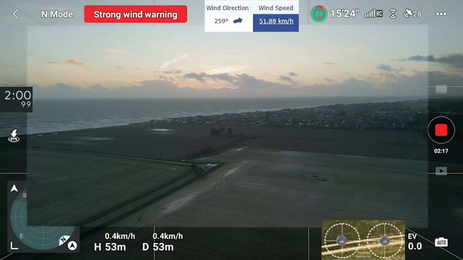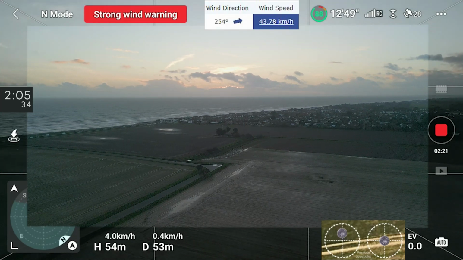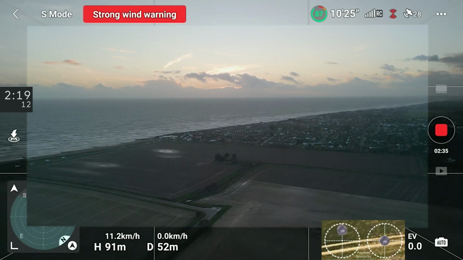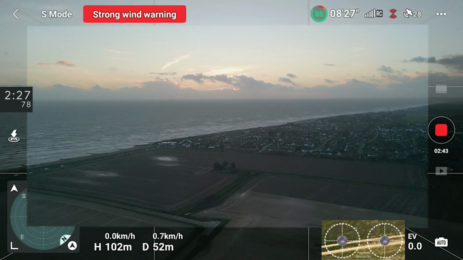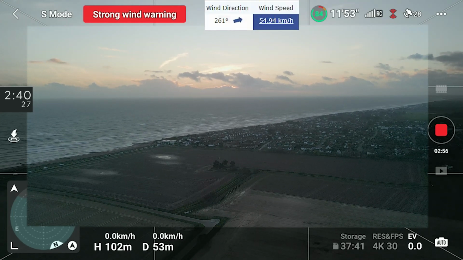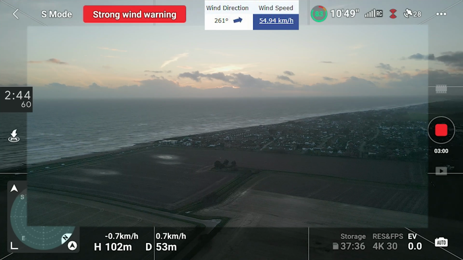You sometimes get a bit of a whining sound from the drone when the winds get really strong. You can hear it even though the drone is quite high up. Whenever the drone encounters a lot of wind, it gives this hum.